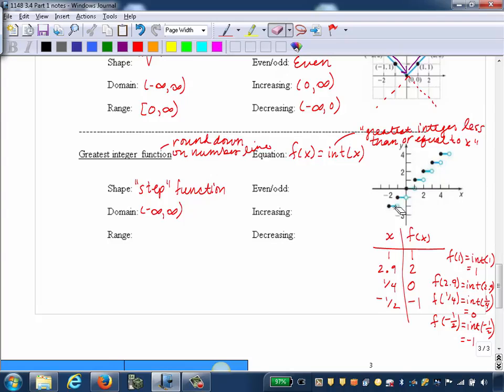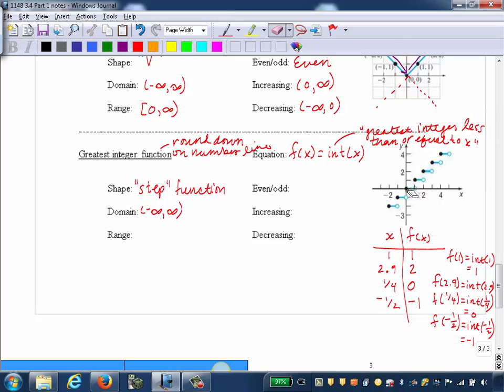Now the range, again, we assume this pattern goes all the way down to -infinity, but if I start at the one drawn here in this example, the y value here is -2. All the points on this step are going to have a y value of -2. Then there's a split. So anywhere between -2 and -1, there's nothing existing here. All the y values here are -2. All the y values here are -1.